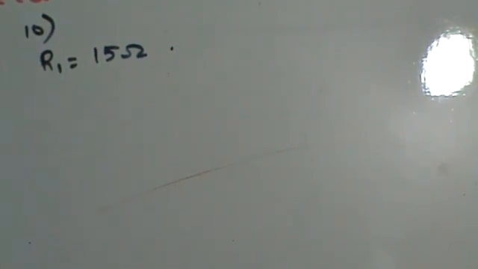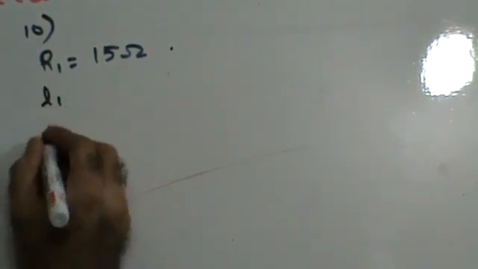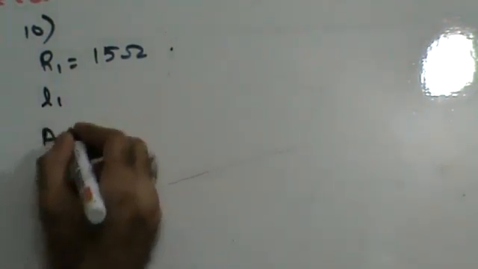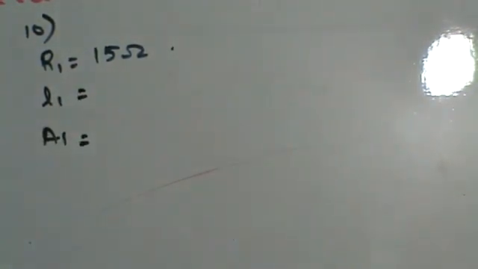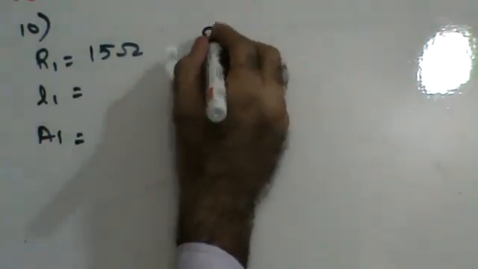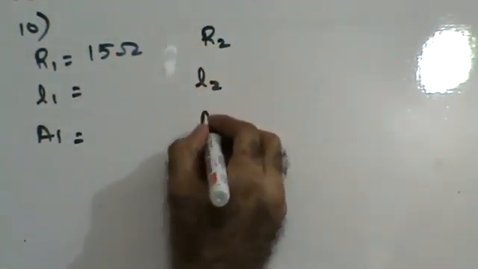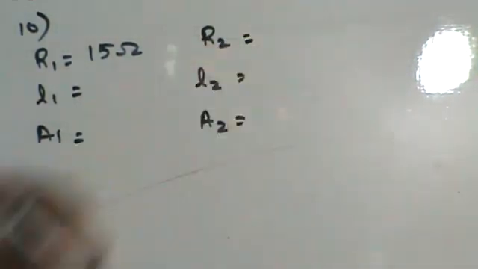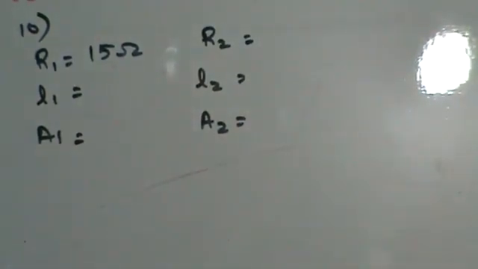Now guys, let's see this. Let R1, L1, A1 be the original resistance, length and cross-sectional area of the wire. Let R2, L2 and A2 be the new resistance, length and cross-sectional area of the wire.